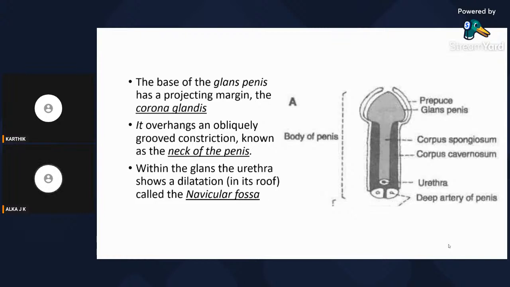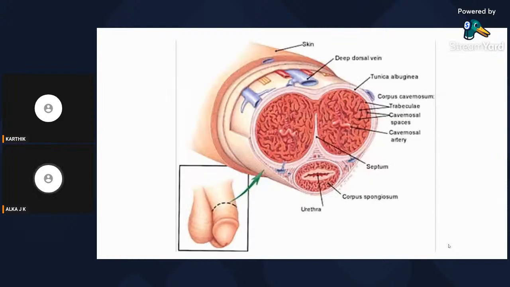It overhangs an obliquely grooved constriction. Always remember that a constricted part is known as the neck, so here just below the glans penis is the neck of the penis. Within the glans, the urethra shows a dilatation known as the navicular fossa.